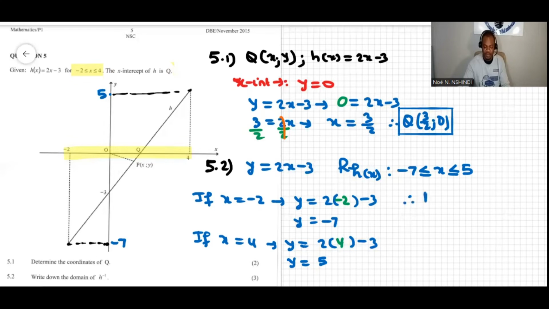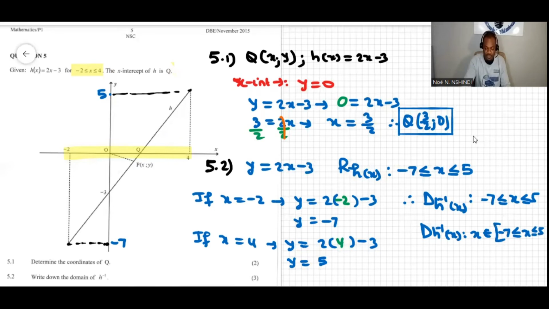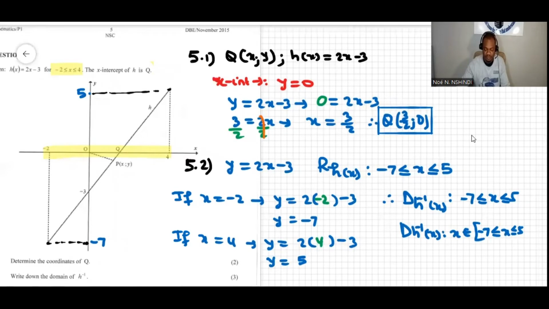Therefore, the domain of h minus 1 of x is -7 less than or equal to x less than or equal to 5. This can be written as x is an element of the interval, square bracket -7 comma 5, close square bracket, because we have less than or equal. So this is the solution.